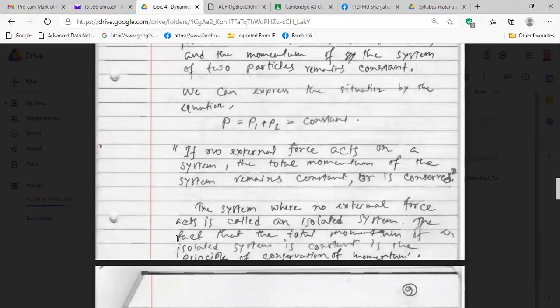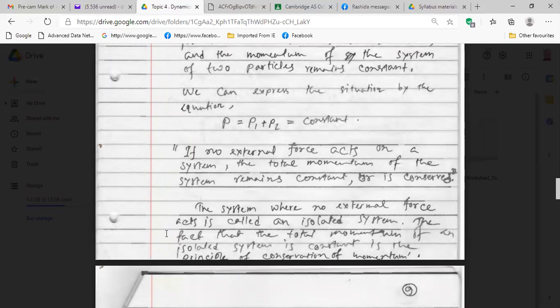The system which does not have any external force acting is called an isolated system. The fact that the total momentum of an isolated system is constant is the principle of conservation of momentum.